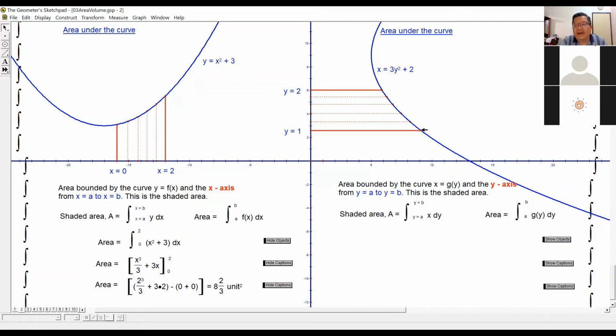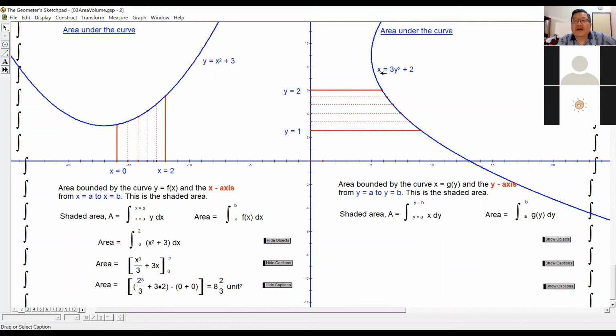Then we look at how to find the area between the curve and the y-axis. If it is between the curve and y-axis, okay, it has to be integrate x dy. It's dy, no? So x dy. Then after that, everything you have to change to in terms of y. Okay, right. So the question now is, we have a curve.